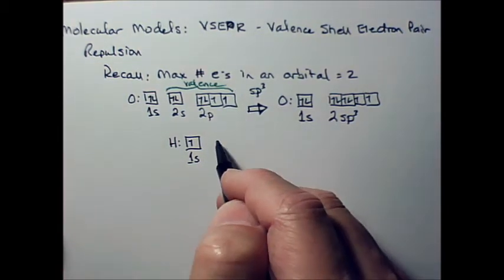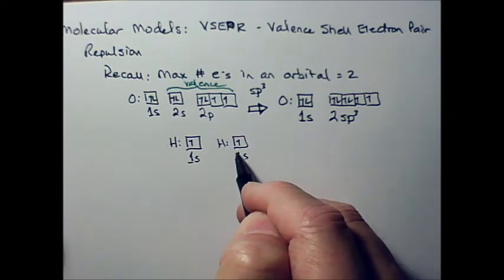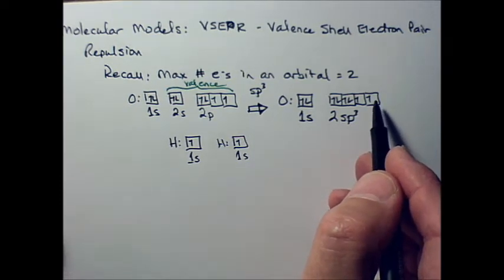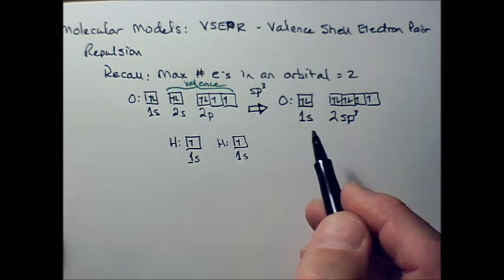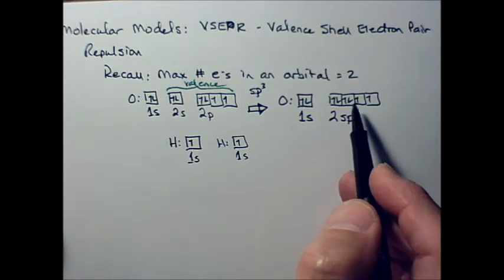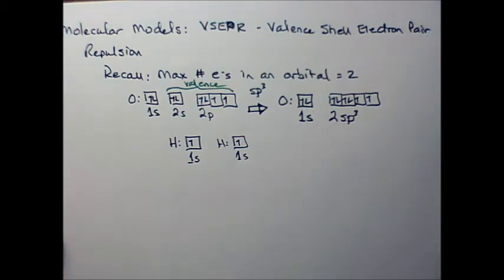Then if I take another hydrogen and do the same thing, I share this orbital and this orbital and they become 1. They're sharing the orbital. Then I've got 2 electrons in the hydrogen, and since I've already put an extra electron here, I've got another electron here now, and now I have 8 electrons in the valence level of oxygen. Being able to physically do that becomes a little more complex when we're using orbital notation.